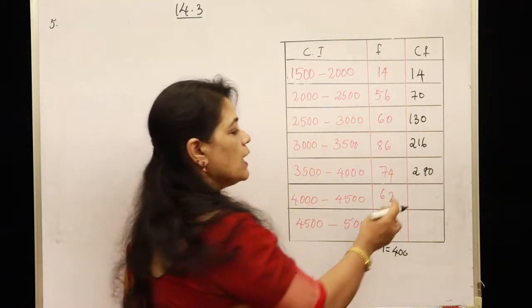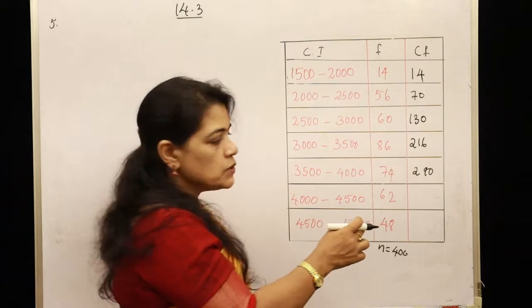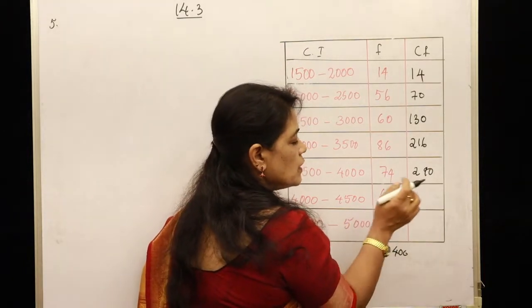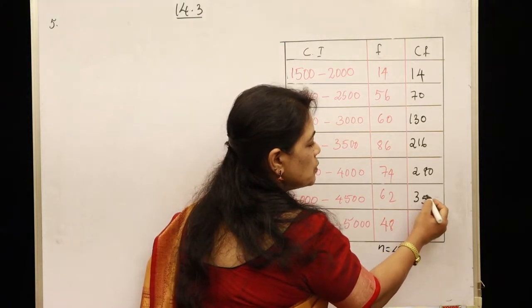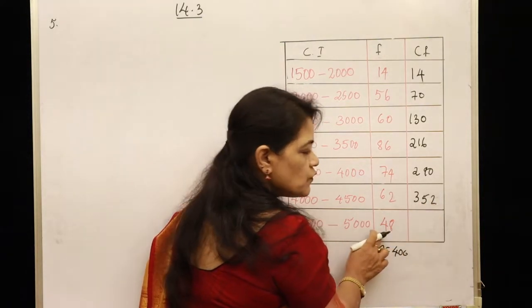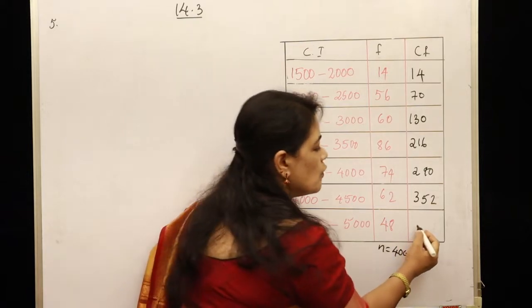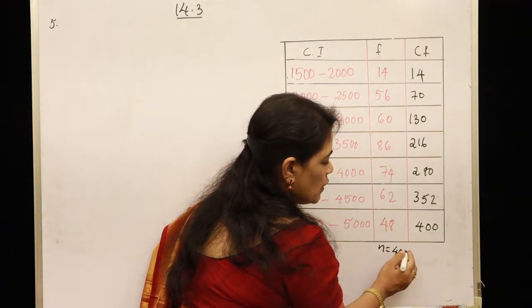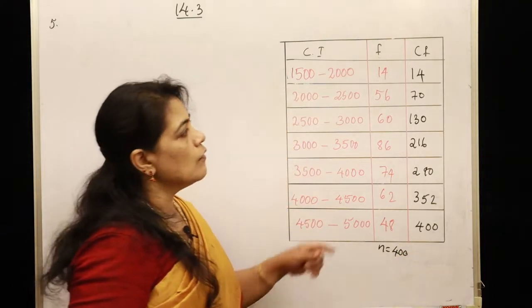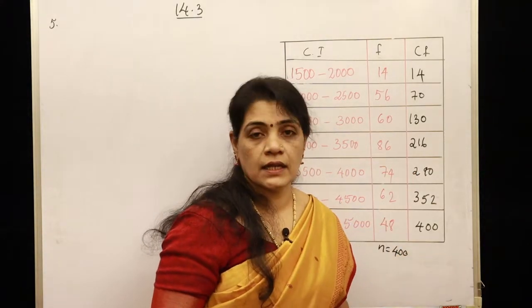And 290 with this 62 will give the cumulative frequency of this class interval, that is 352, plus 48, that means 400, and that is the same as the number of neon lamps, 400. That means our cumulative frequency column is correct.